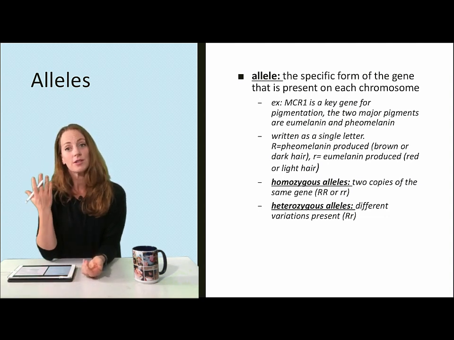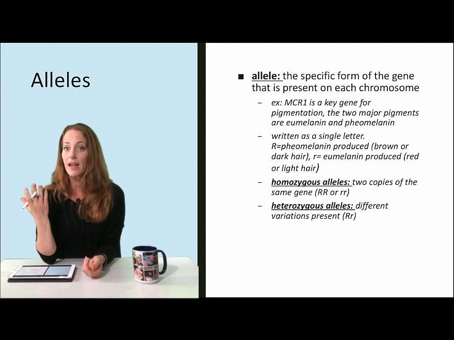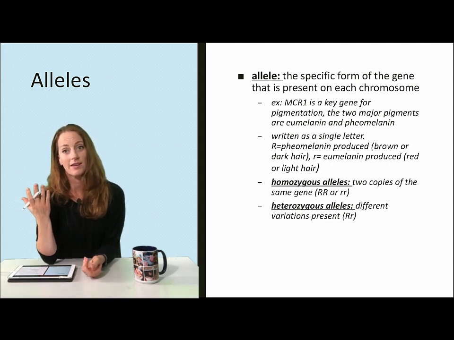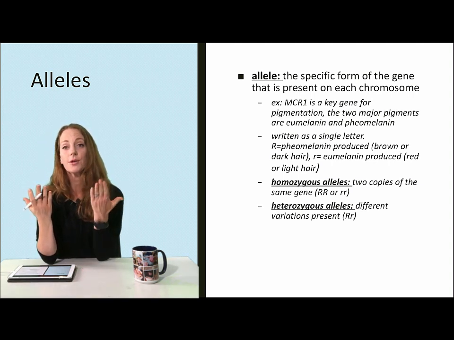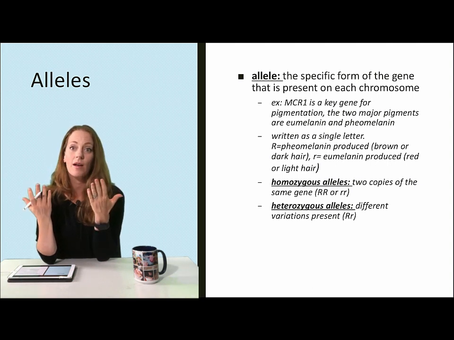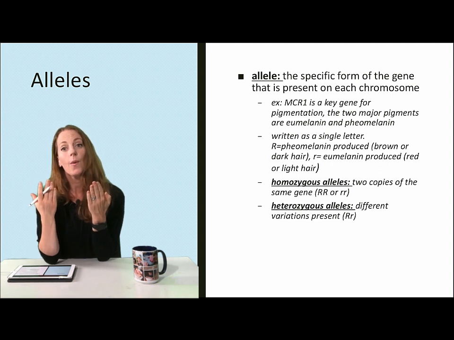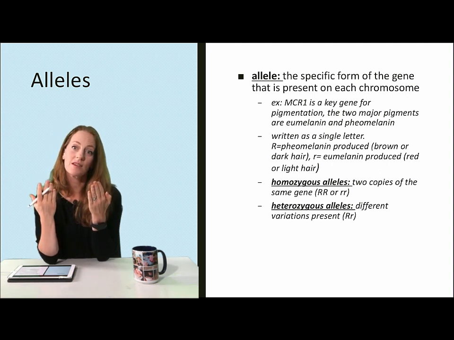So on the maternal chromosome, you can have an allele for red hair, black hair, brown hair, etc. On the paternal chromosome, you also have the possibility for red hair, black hair, brown hair, etc. Okay. So which type of allele is on each chromosome tells us then what are the possible traits that could be inherited in the offspring.